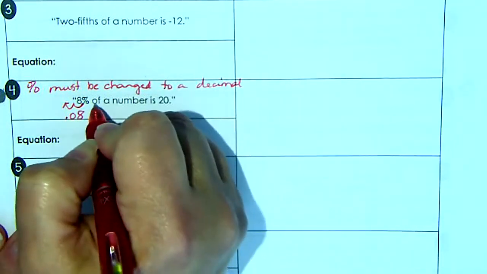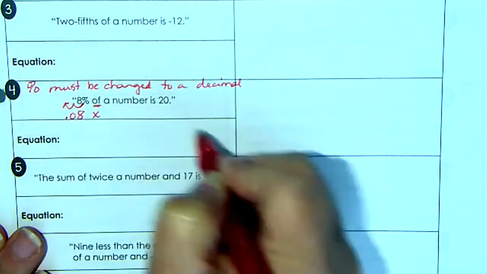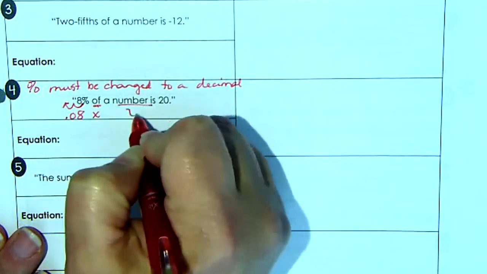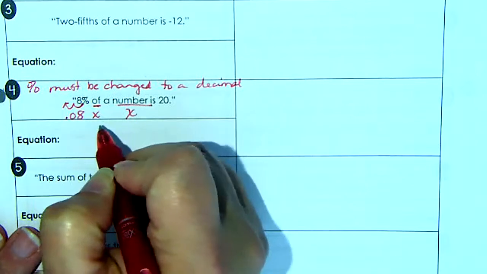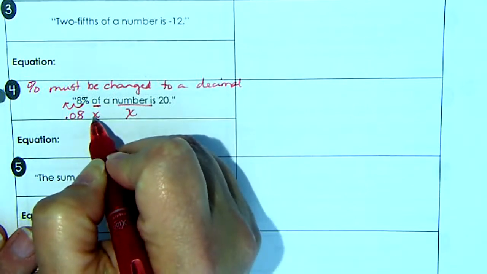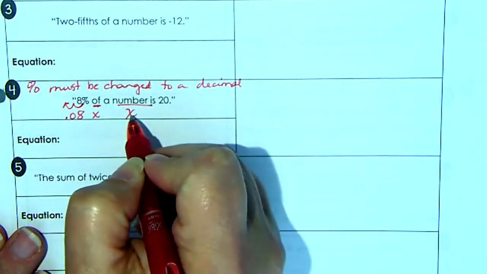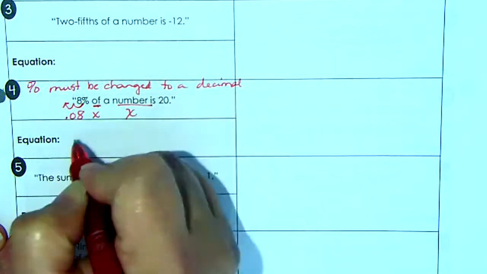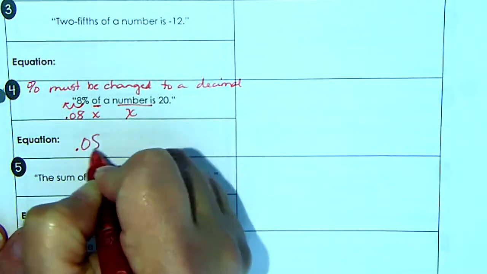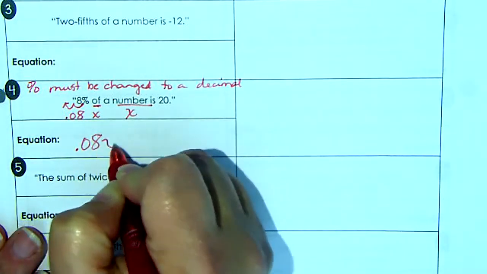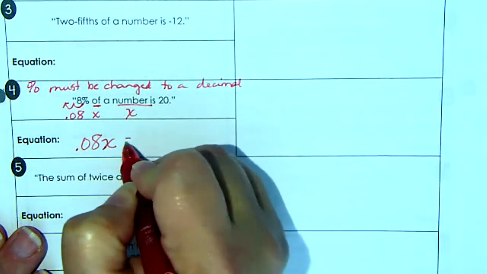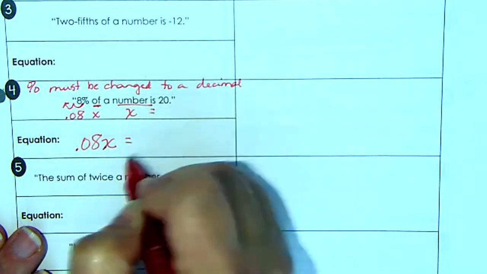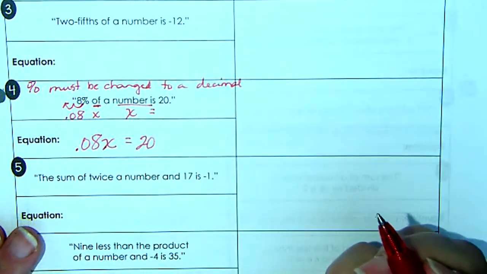It says of, that means multiplication, a number, so that's going to be my X. Now, notice this is why I don't use the X for multiplication when I'm writing, because I've got the variable X. So I'm going to have 0.08, and we show multiplication by it being right next door to one another, equals, because it says is, 20.